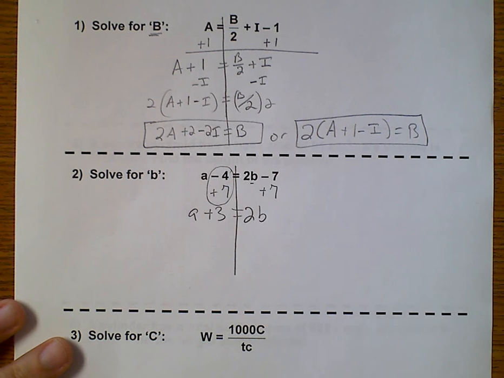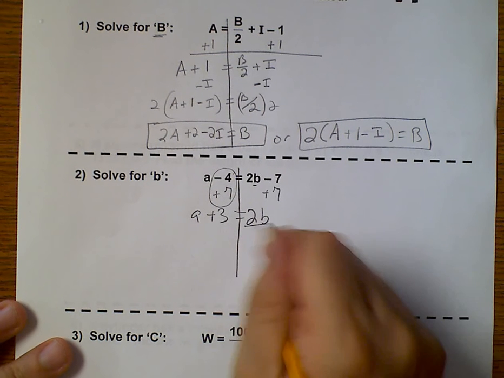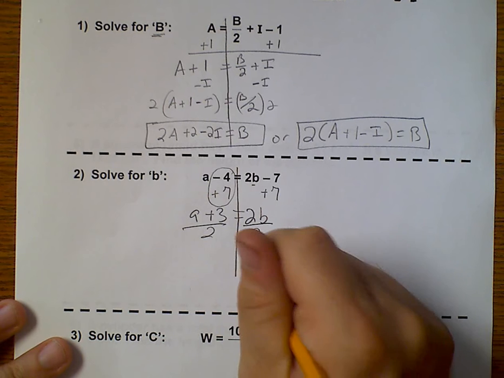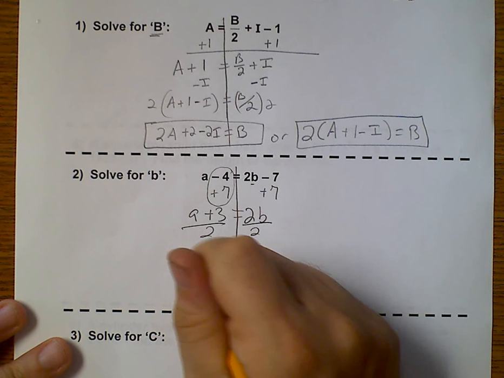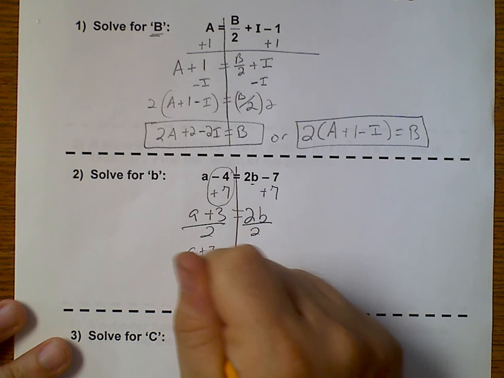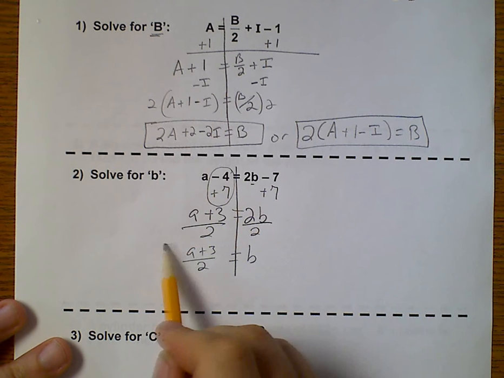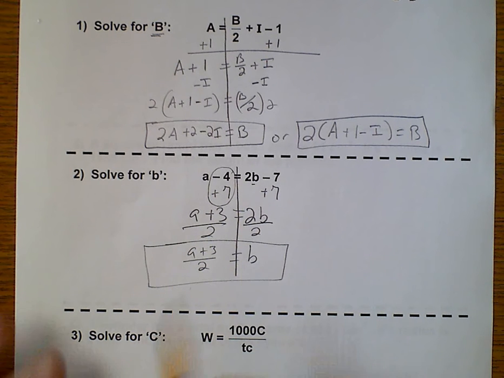So that equals 2b. To get rid of that 2, we divide. And so now I have that a plus 3 over 2 equals b. Quite simple.